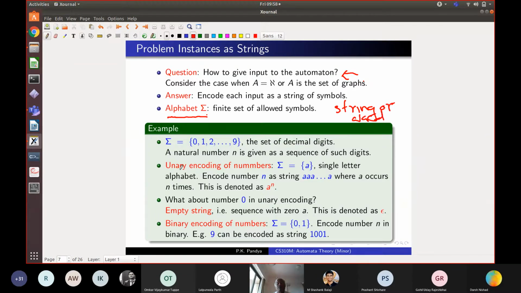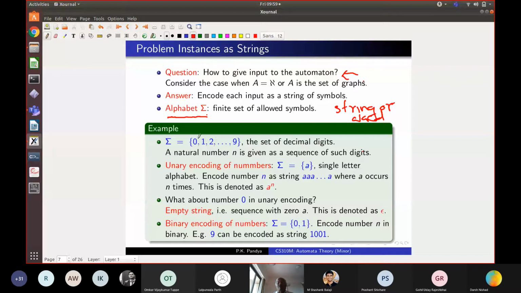Okay, and here let me give you some examples if this is not clear. Suppose our alphabet is the set of decimal digits 0 to 9. Any natural number can be given as a sequence of digits. In fact, this is exactly what you type in when you want to give an integer as input to your C program. You will give it as a sequence of digits, and somewhere in C there is a function which will convert this sequence into its equivalent natural number, right?